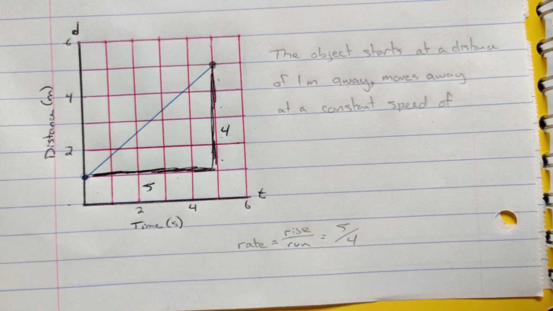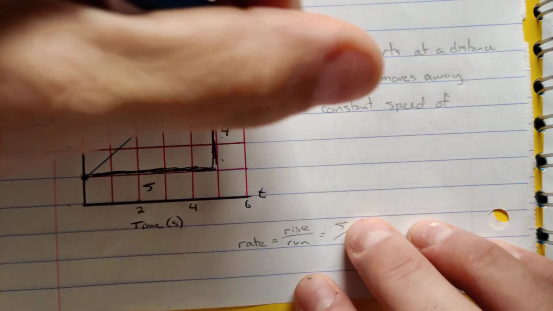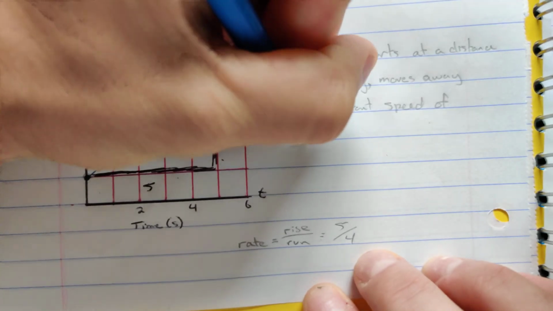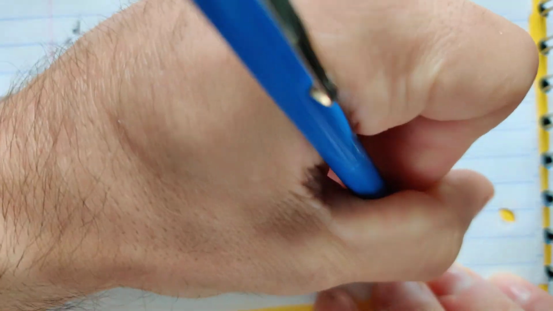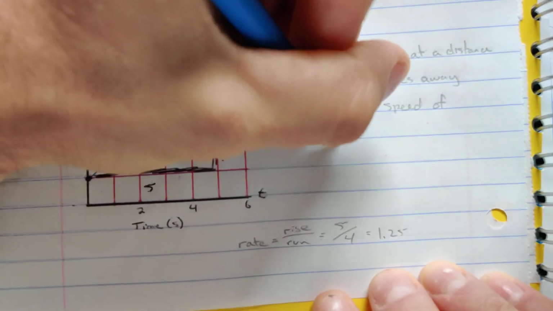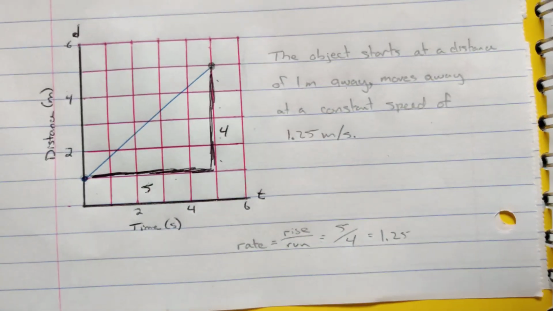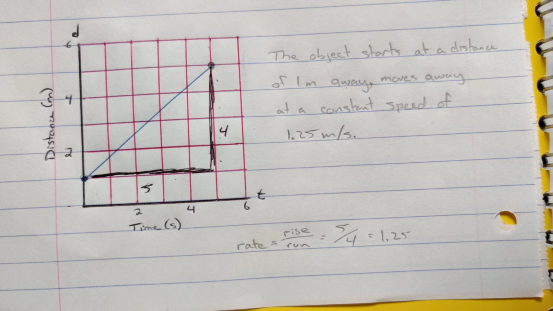So you divide 5 by 4 and get a speed of 1.25 meters per second. If it makes sense to give it as a decimal, then we can convert it to a decimal. If it's just a generic situation with no need for a decimal, working with general x and y and equations, then we would leave it as a fraction. But in this case, it makes sense to say that the speed is 1.25 meters per second.